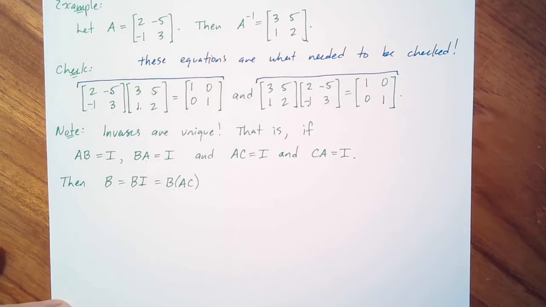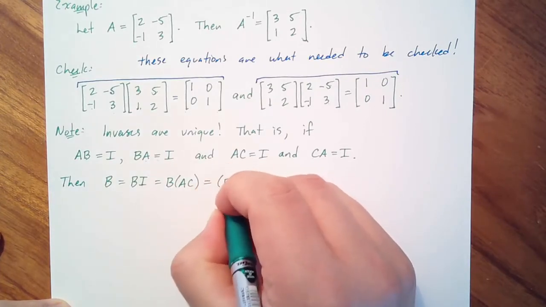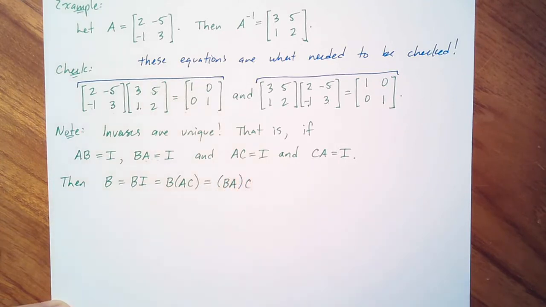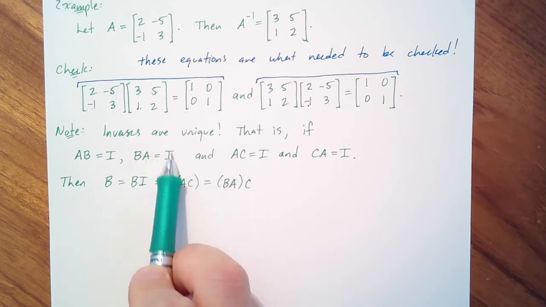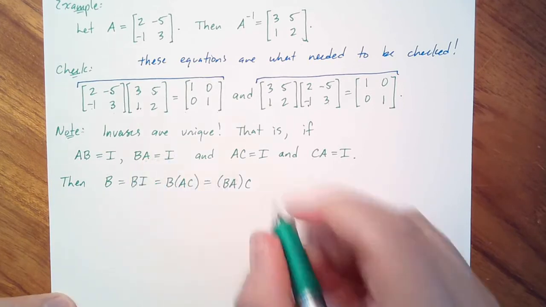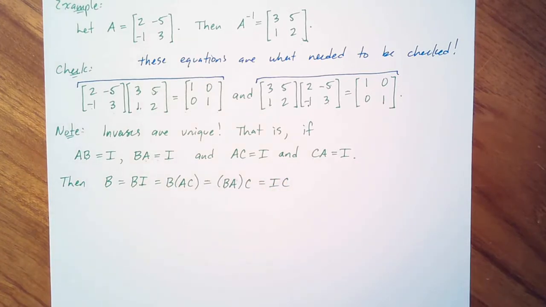So let's do a bracket shift here. I'll rewrite this as BA times the matrix C. And you might be able to see where I'm going now, because according to this rule, BA is also the identity. So this is just the identity matrix times C, and the identity matrix times C is just C. So we've created this chain of equalities, right?